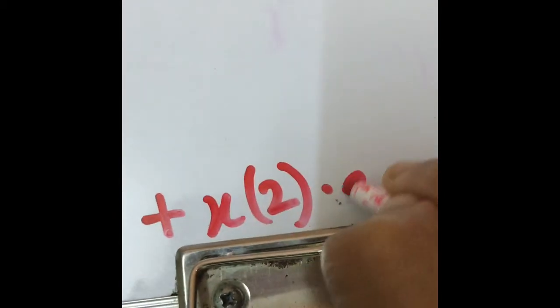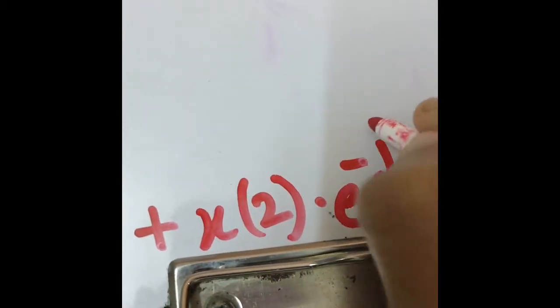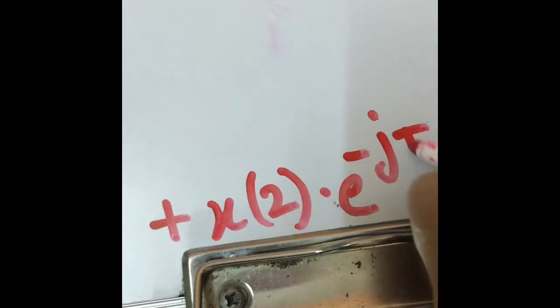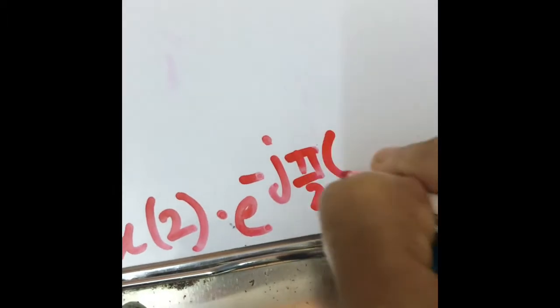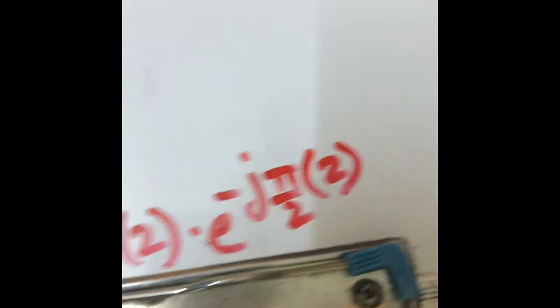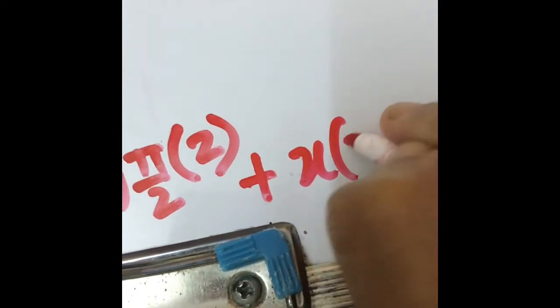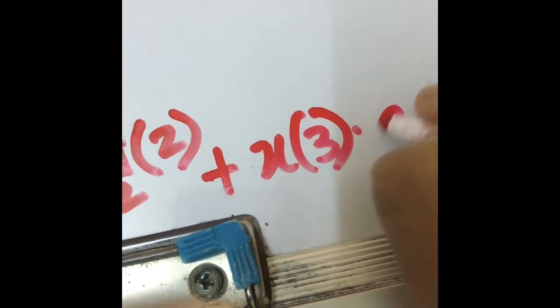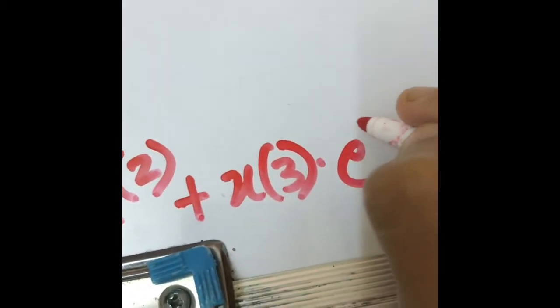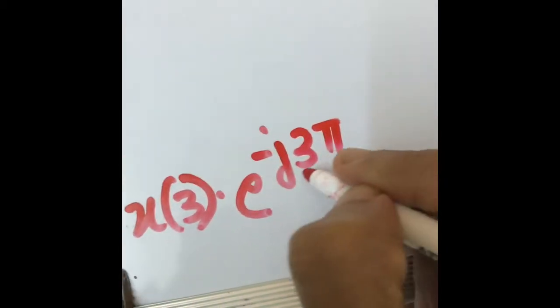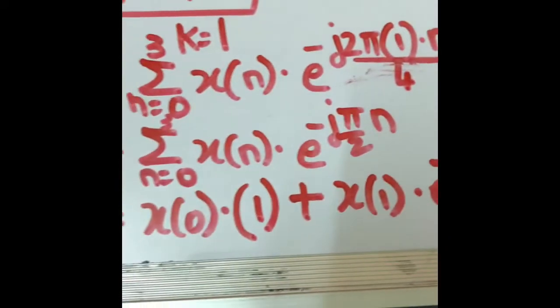So e raised to minus j pi by 2 into 2, and plus x of 3 into e raised to minus j 3 pi by 2. Okay. So we will continue here.